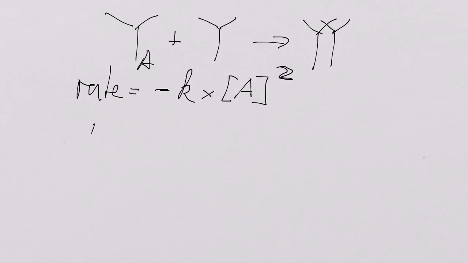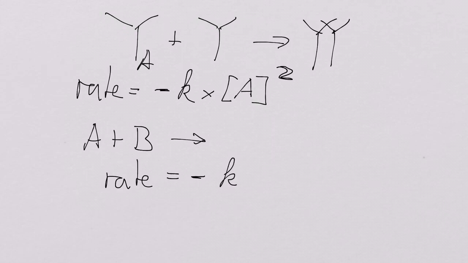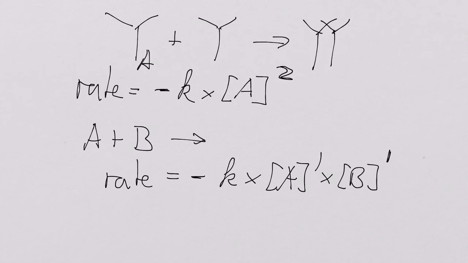What would happen if you had A plus B gives something? How would you write this as a rate expression? You would write this as rate equals minus k times A to the power of 1 times B to the power of 1. It is a first order with respect to A. It's a first order with respect to B. What's the overall rate order?